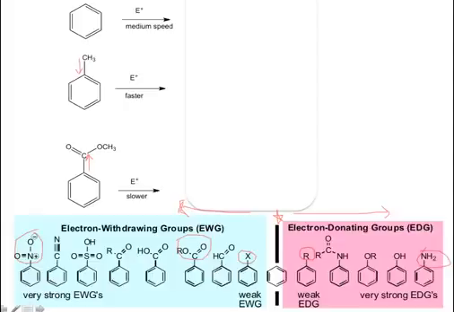Now, in terms of electron withdrawing and donating groups, once you have a group on the ring, you have more than one possible position you can react at. For example, relative to this methyl group, you could react 1,2, 1,3, or 1,4 to put the electrophile on the ring.